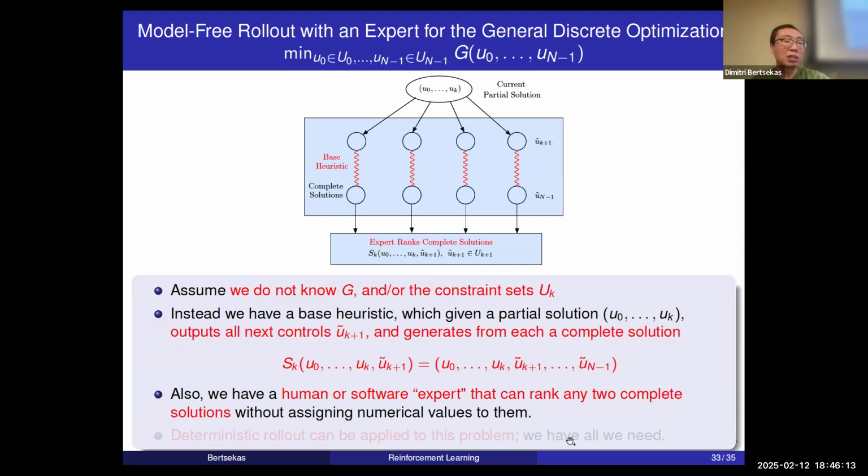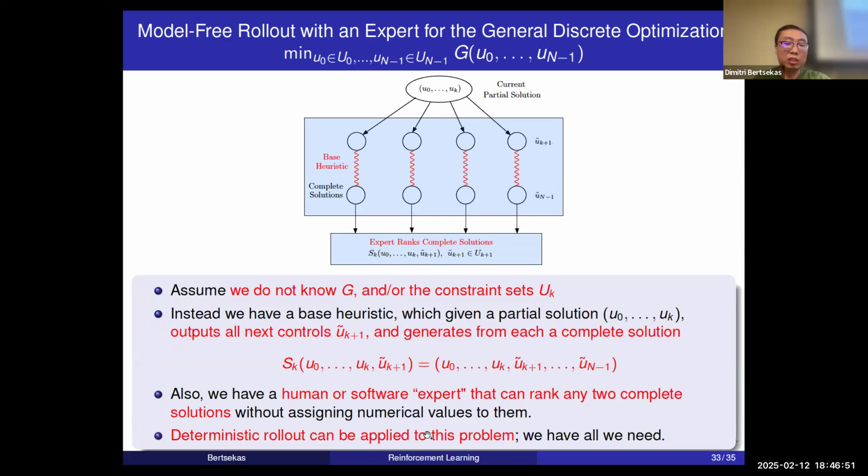Now, this expert needs to have such a property that it declares trajectory 1 is better than 3. In other words, it needs to have a consistent rule that decides which one is better. Otherwise, let's say if this expert says 1 is better than 2 and 2 is better than 3 and 3 is better than 1, then there's no way for us to find out which one is the best. So there needs to be a way that it can rank any two of the solutions and declare which one is best.